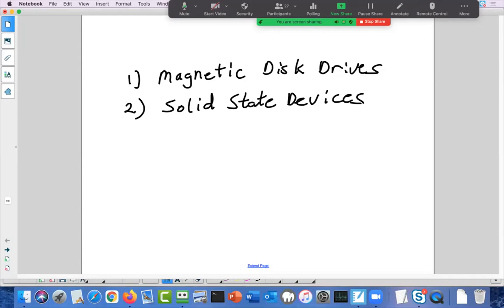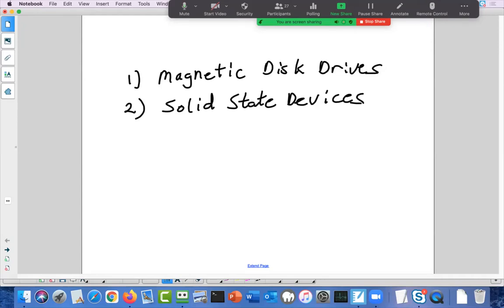Solid state devices have much faster access times than magnetic disk drives, so they will ultimately win out. But right now they are more expensive than magnetic disk drives. So I'm not going to get into specifics. The book did a nice job, but just a few things.